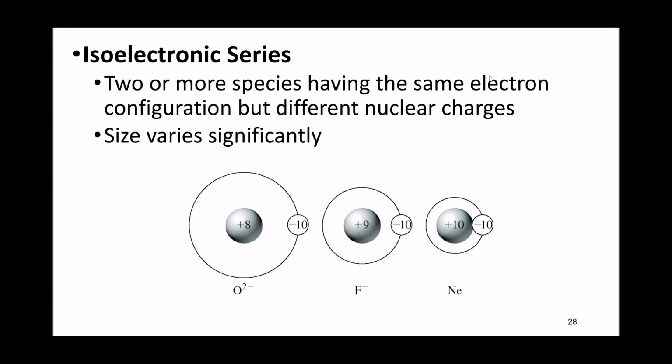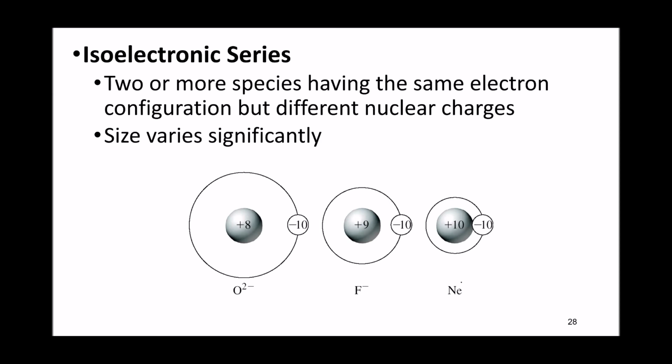So if we compare oxide ion with fluoride ion with neon, all these three species have a total of 10 electrons, but the nucleus of each one of them has a completely different number of protons. So you can see that the 10 electrons in all cases are going to feel a different degree of electrostatic attraction.